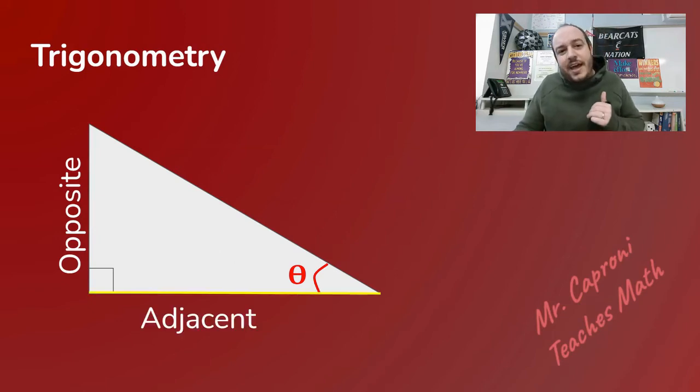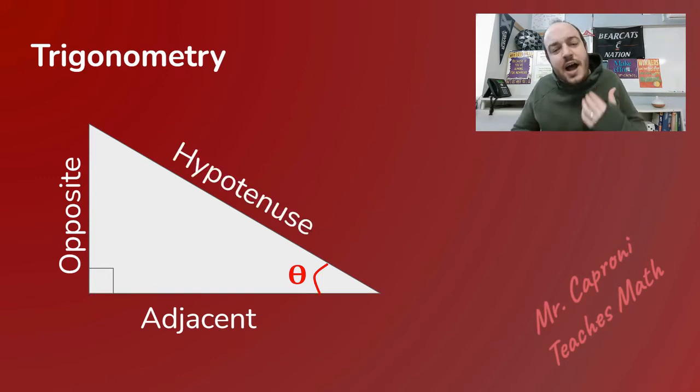The second one we have is the adjacent side of the triangle. The adjacent one is the one that is touching the angle that we are currently studying, or the one that we're using for the problem at hand. Now, the last one is your hypotenuse. And your hypotenuse is always the side that is across from your right angle.